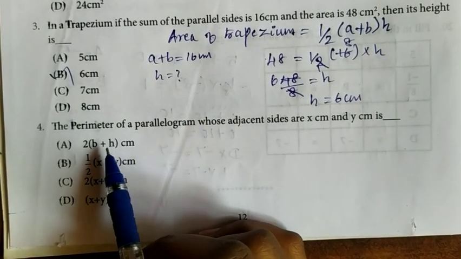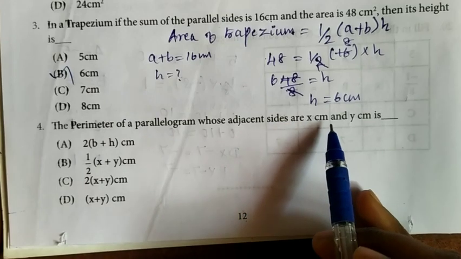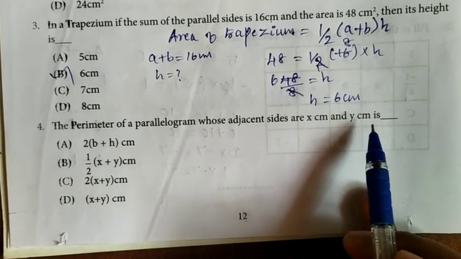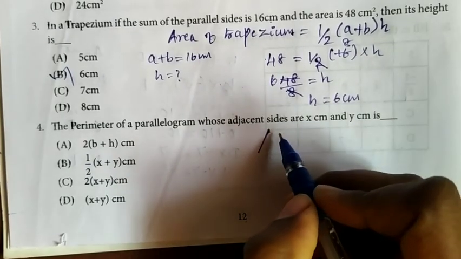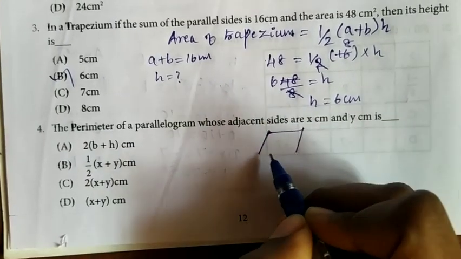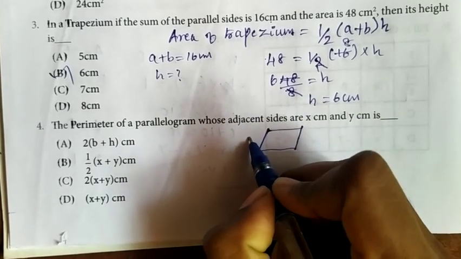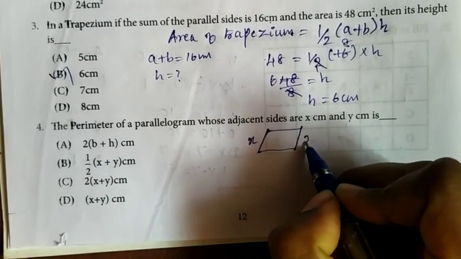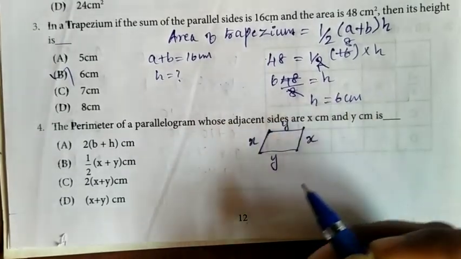Fourth question: the perimeter of a parallelogram whose adjacent sides are x centimeter and y centimeter is. We have to find the perimeter of parallelogram with x and y adjacent sides. See, this side is x and this side also x. When this side is y, this also y.